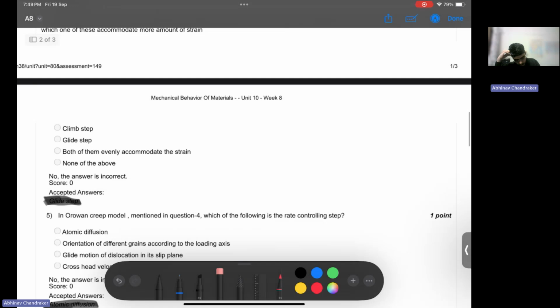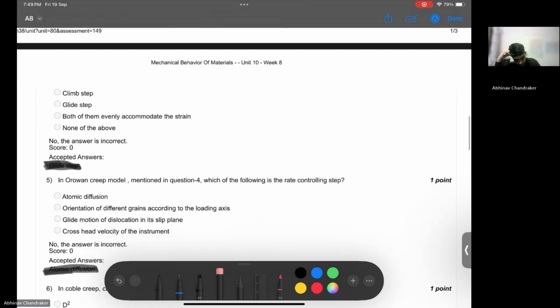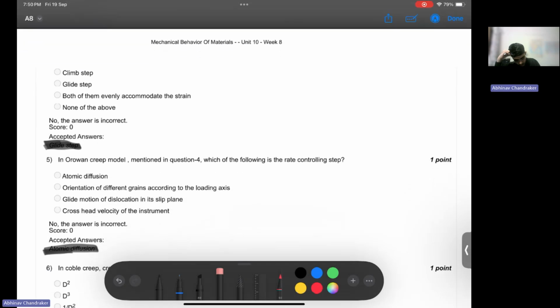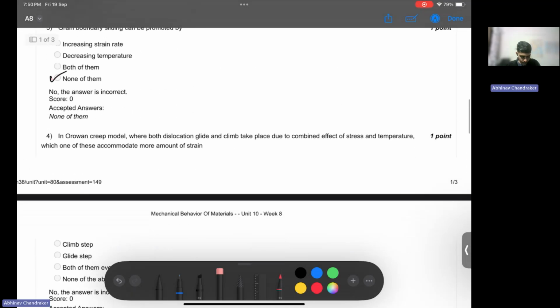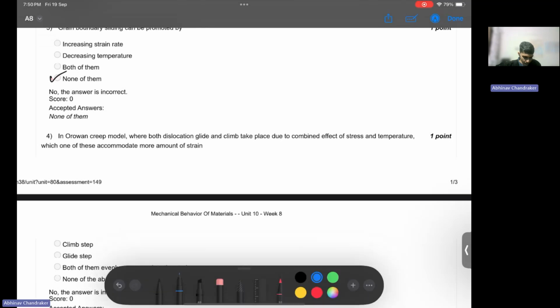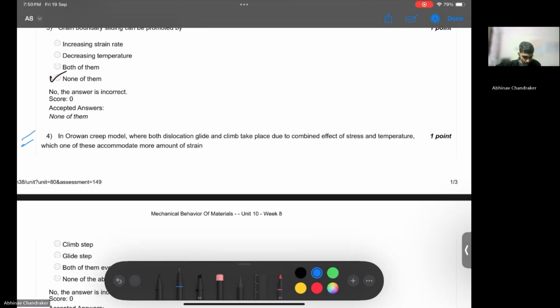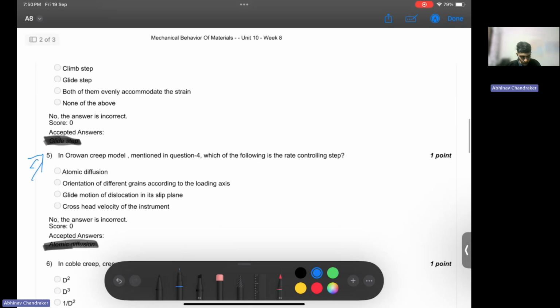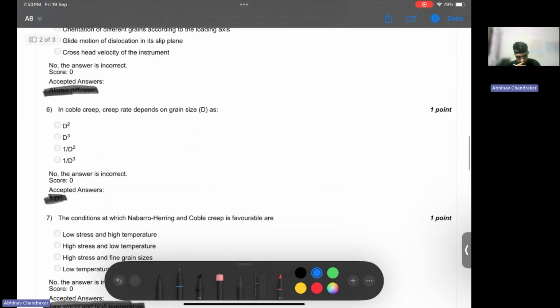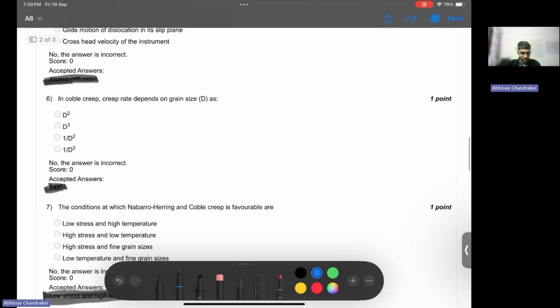The correct answer is glide, I know, which is the rate controlling step, atomic diffusion. But I'll cover it again in the next one. So for now, I'll just mark it so that we can look at it next time because the Orowan creep has not been covered in my summarization yet. Let's go to the next, Coble creep.